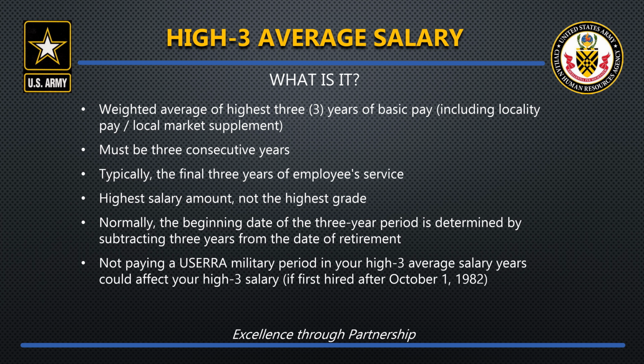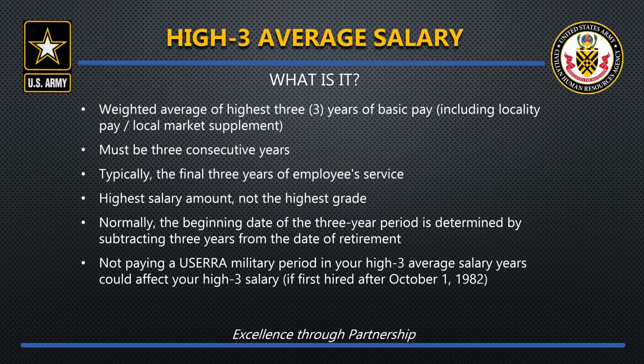Typically, the high 3 period is determined by subtracting 3 years from the date of retirement, but this is not so in all cases. An example of locality pay affecting the high 3 average salary would be working in an area with a high locality pay such as Washington, D.C. during the middle of your career as a GS-11 Step 10, then taking another position, say at Fort Riley, Kansas, for the final 3 years of your career at that same GS-11 Step 10.